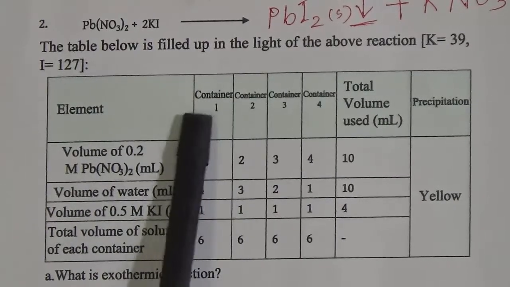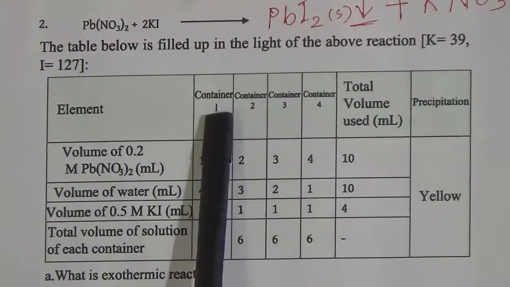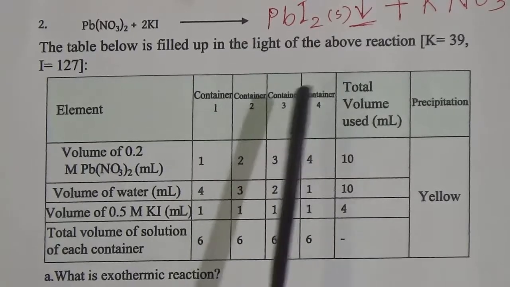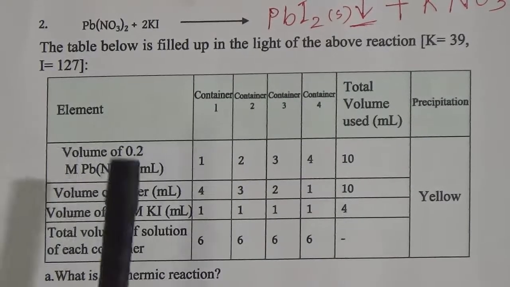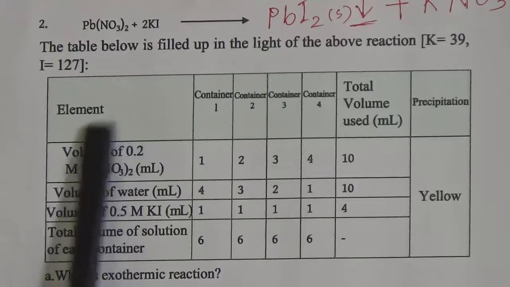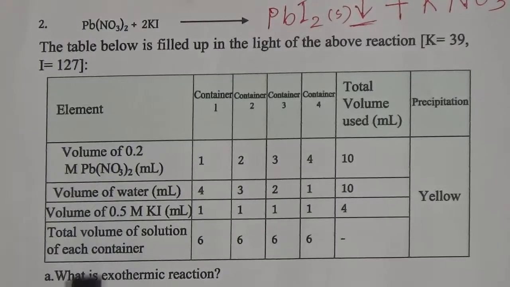Here they take 4 containers: container number 1, 2, 3, 4. In container number 1, first we have to discuss the ingredients. They use 0.2 molar lead nitrate, water, and 0.5 molar potassium iodide.